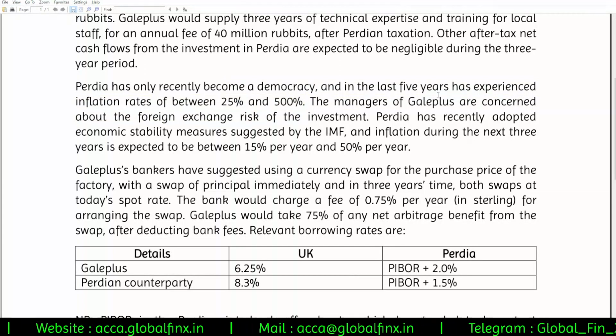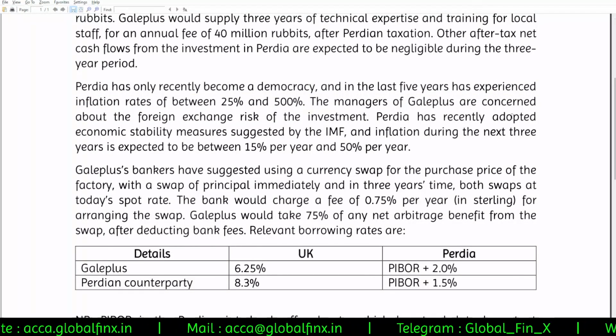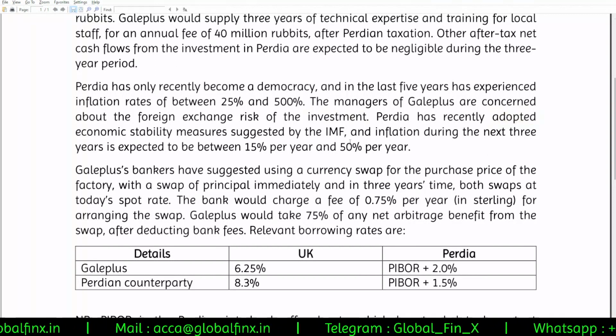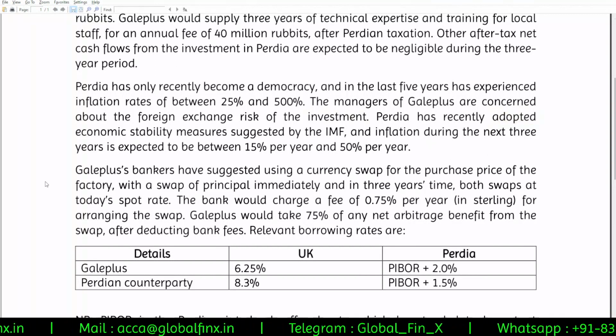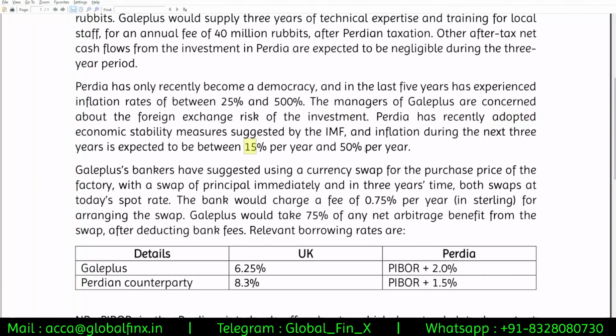The managers of Galeplus are concerned about the foreign exchange risk of the investment. Perdia has recently adopted economic stability measures suggested by the IMF, and inflation during the next 3 years is expected to be between 15% per year and 50% per year.